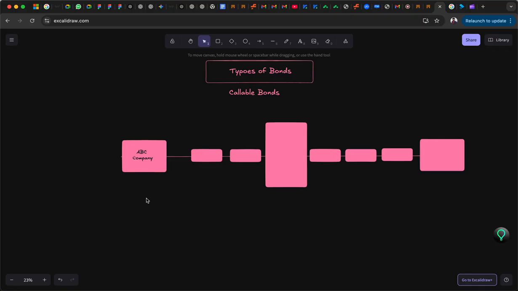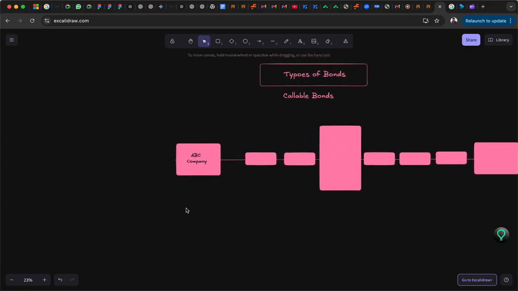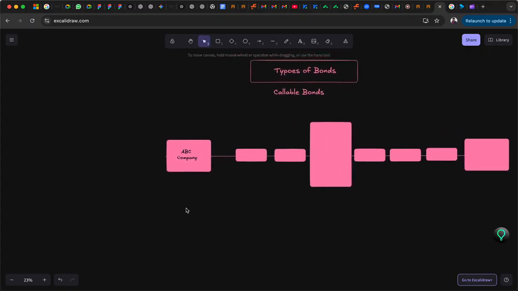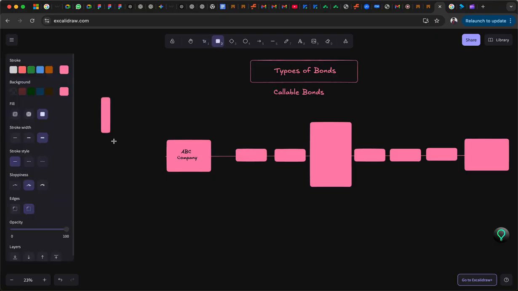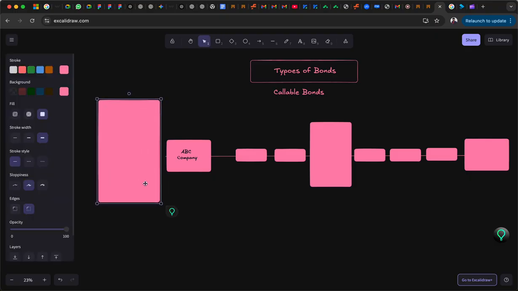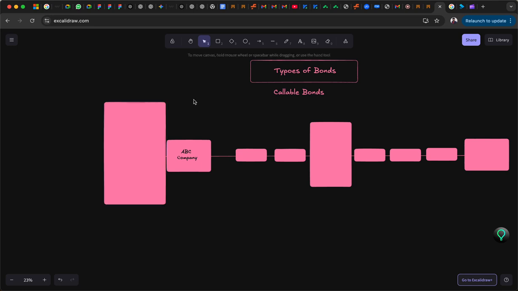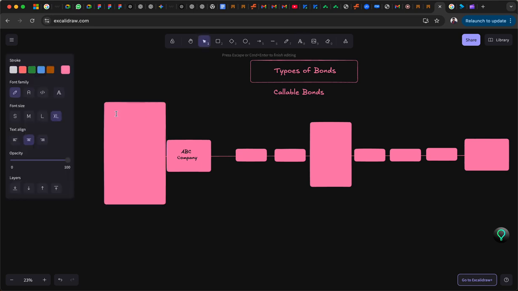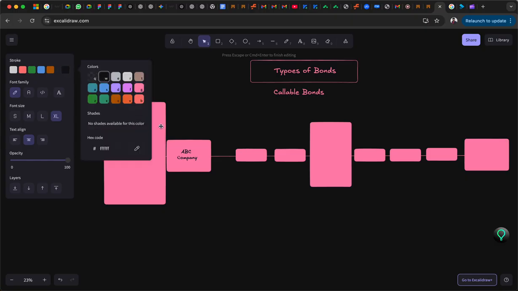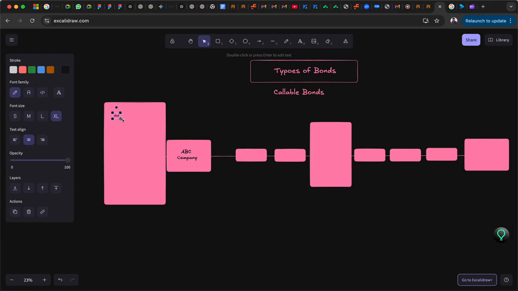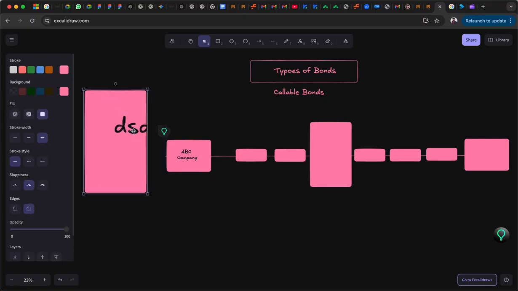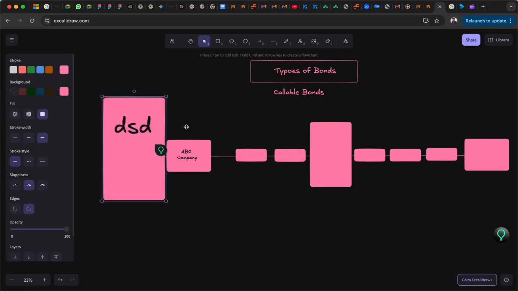Okay. So now we'll discuss how it actually works. Let me define the prospectus. So this one is interesting. So note this down, please.